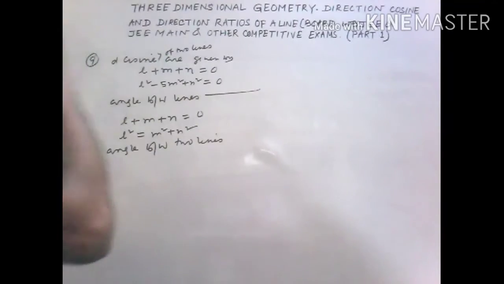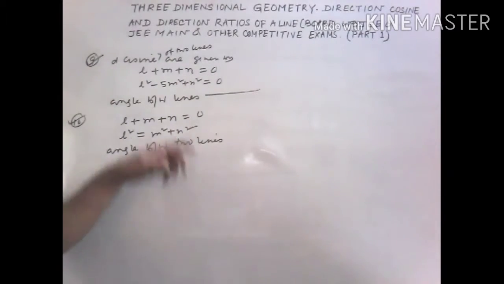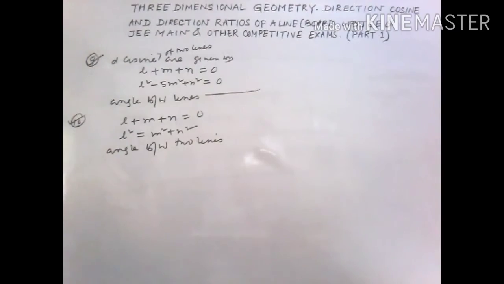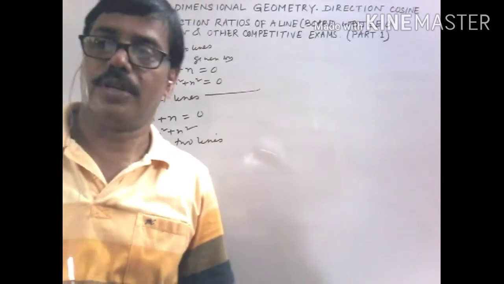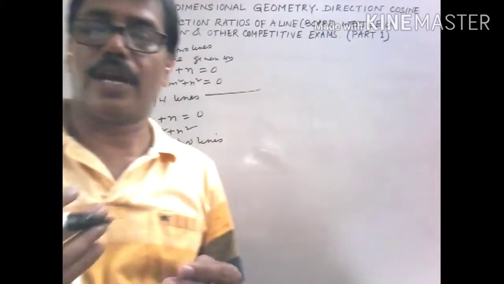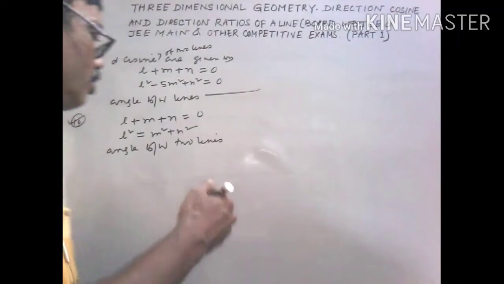Now in problems number 9 and 10, the direction cosines of two lines are given by relations. We have to find the angle between the lines. So here the direction cosines are not given directly. They are given with respect to equations.